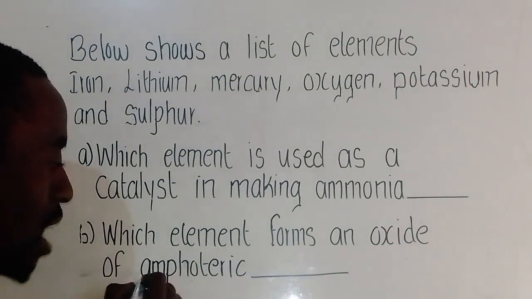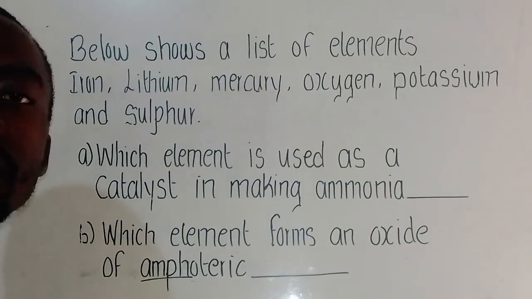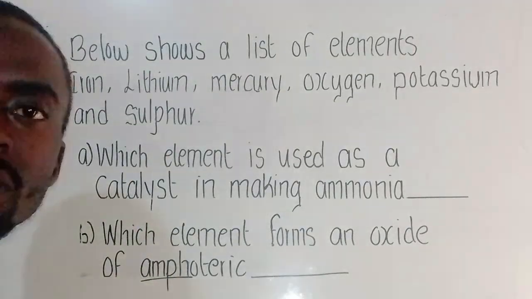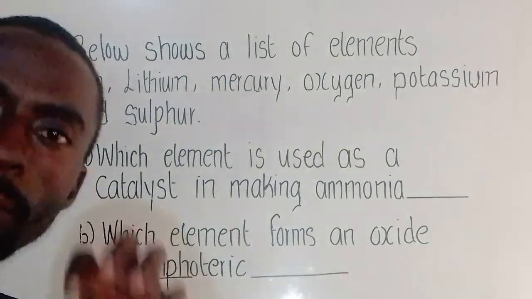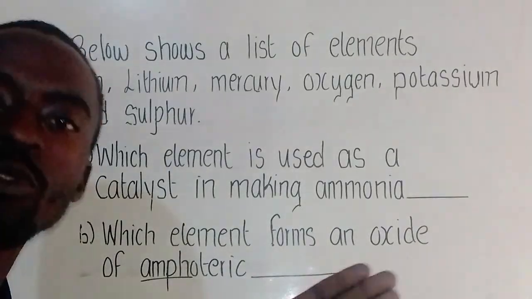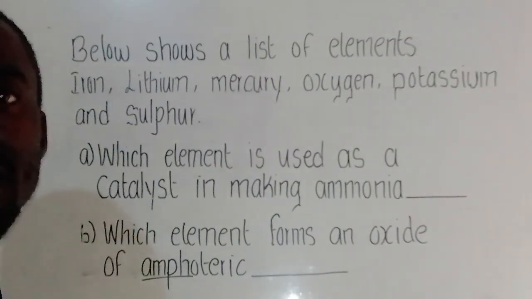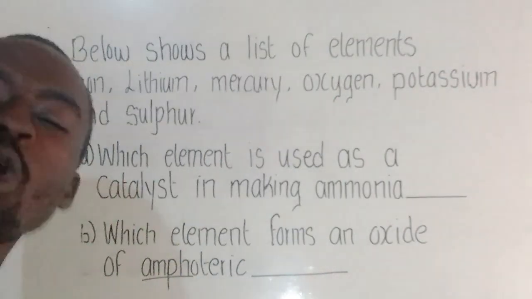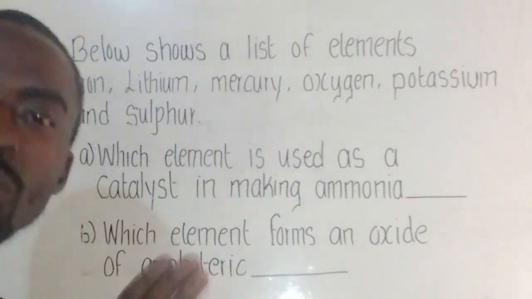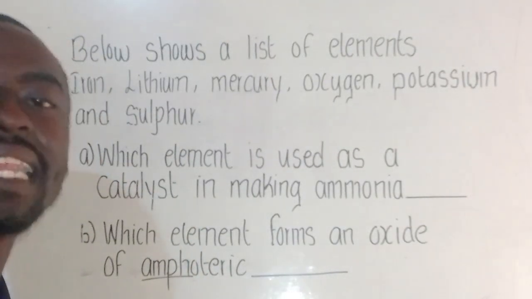The word ampho simply means both, meaning that this is a type of oxide which shows both the properties of a base and an acid. In simple terms, this oxide can react both with an acid and a base.